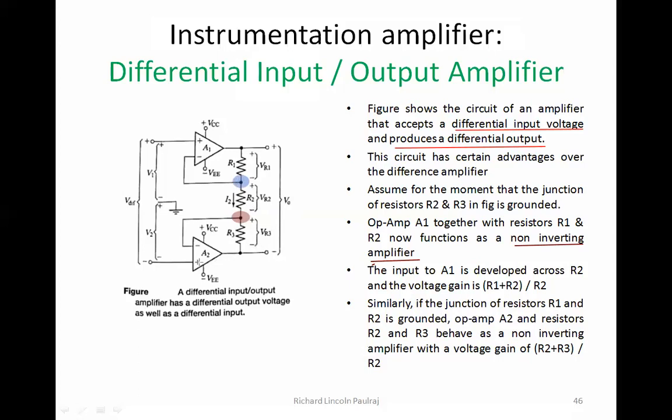Here also it's a non-inverting amplifier because I have negative feedback and the input is given to my positive terminal. So ultimately I'm getting these equations here, which are R1 plus R2 divided by R2 and R2 plus R3 divided by R2. This is just for you to understand why I am making it grounded at this point.